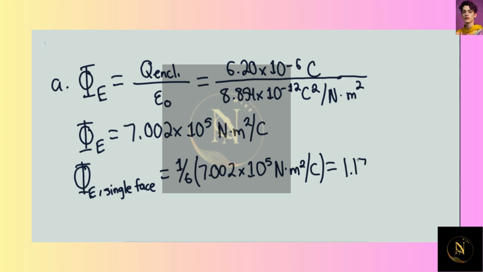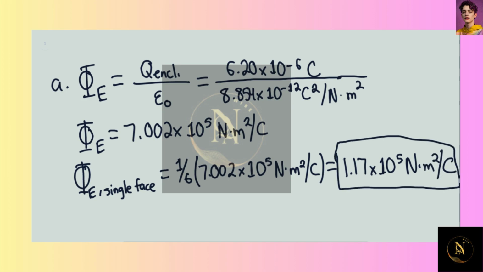And this is equal to 1.17 times 10 to the 5th Newton meters squared per coulomb. This would be our final answer for part A.